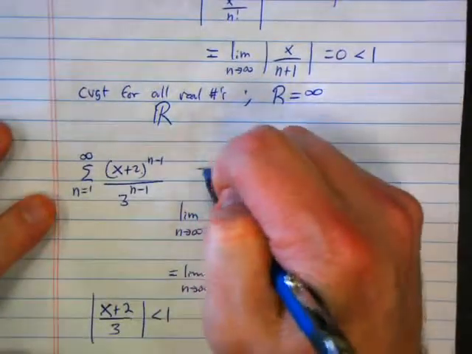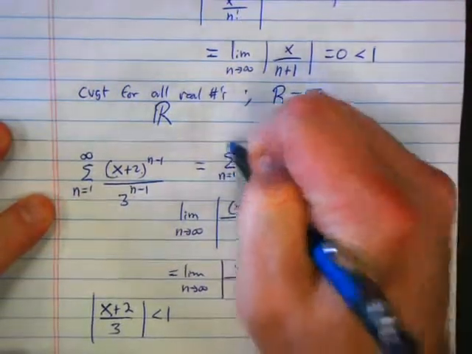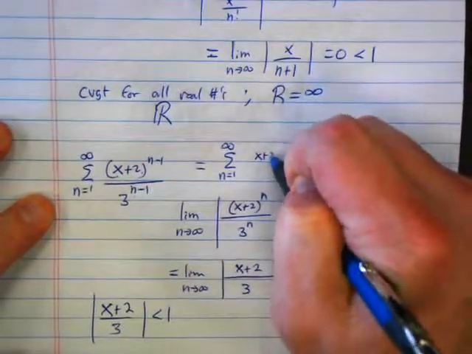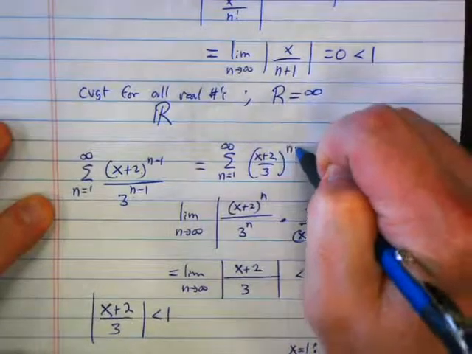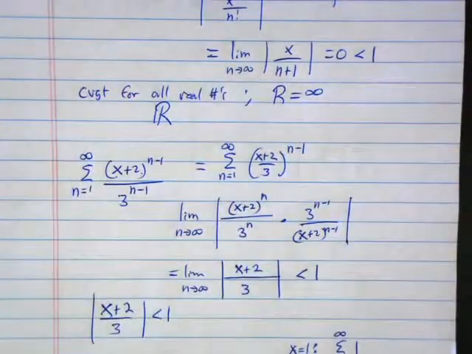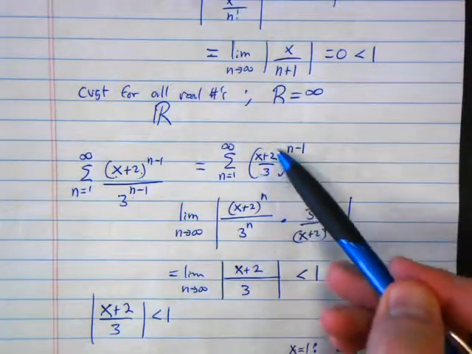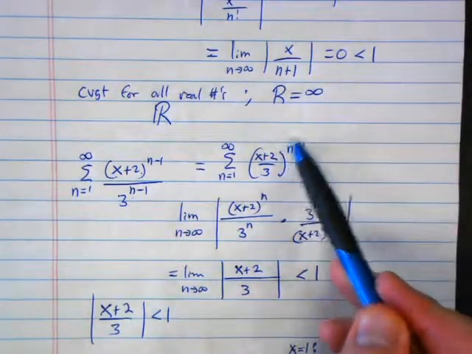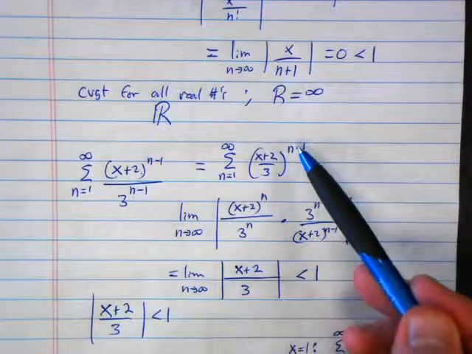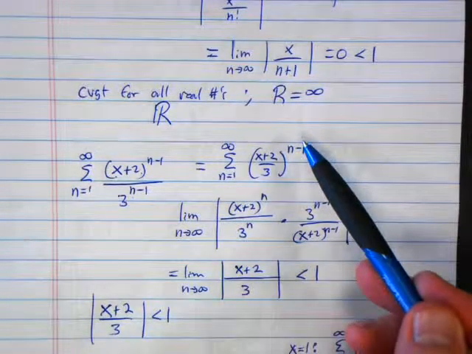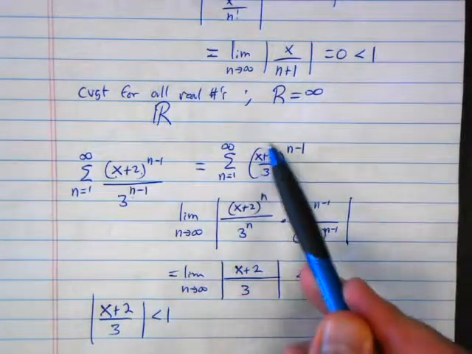Or, even better, we could have written it this way. And then we have the whole thing raised to a power. We could have just said this one's geometric. And so when do geometric series converge?